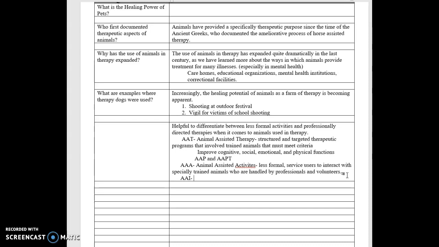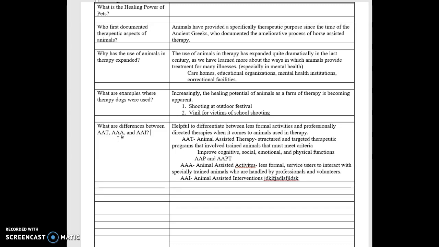Okay, and that's animal assisted interventions, and I would take my notes there. And then over here, I might have what are differences between AAT, AAA, and AAI. Okay.